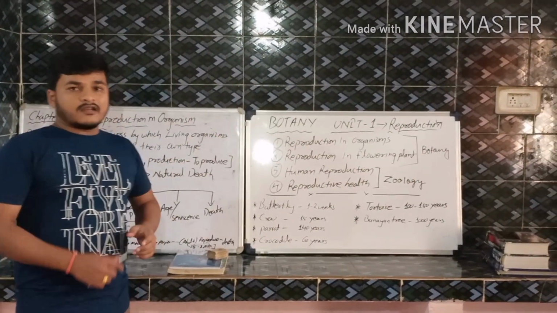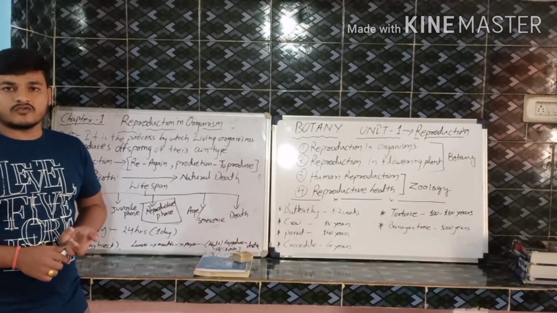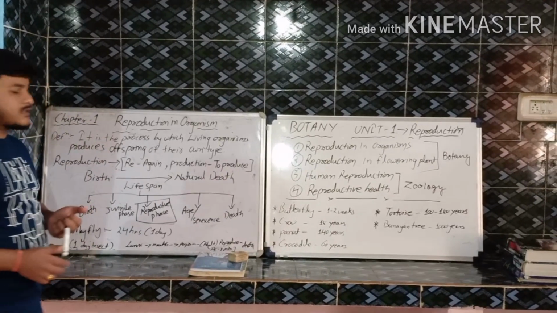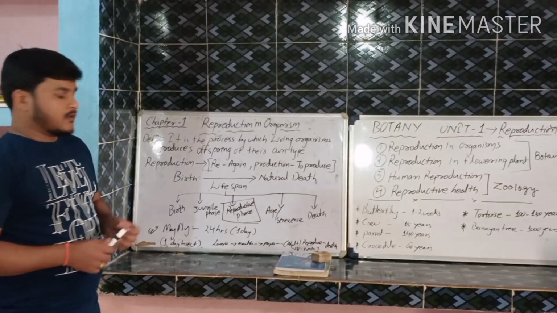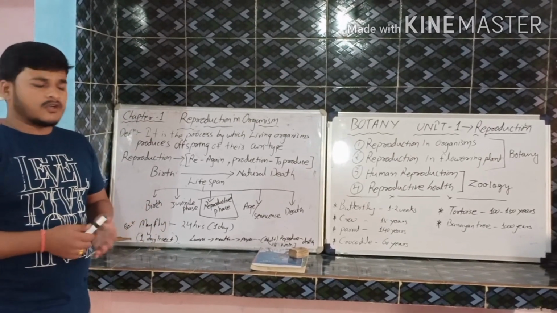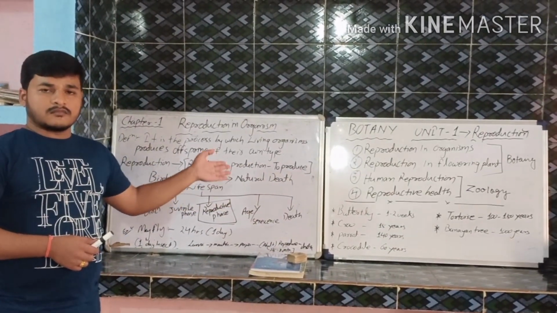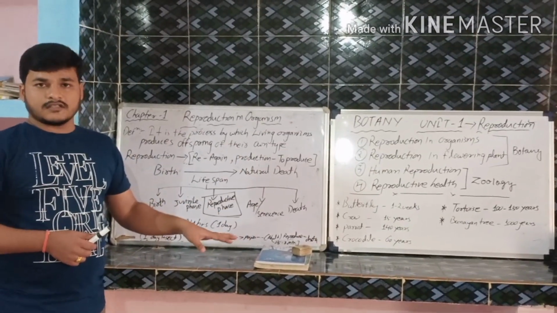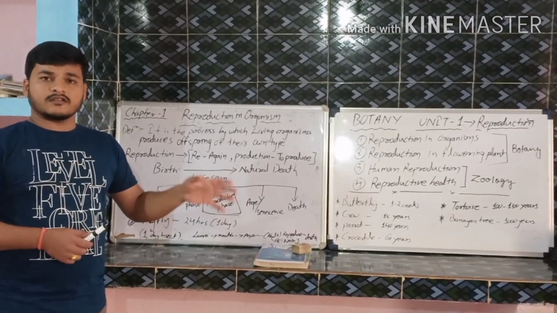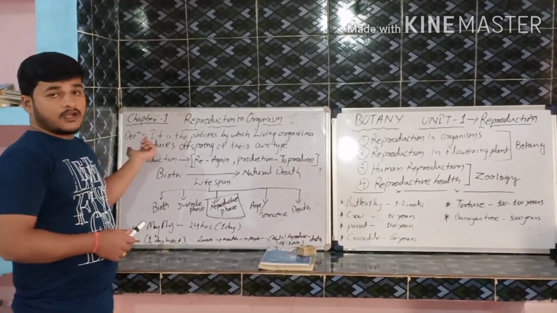The definition is that reproduction is the process in which a living organism, you may consider a single unicellular organism or multicellular organisms, produces offspring of their own type. The process of living organisms producing their own type of organism is known as reproduction.